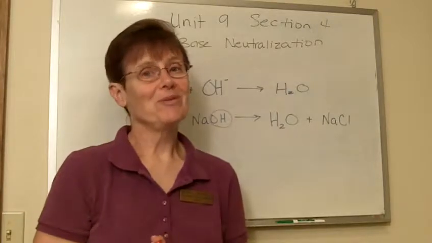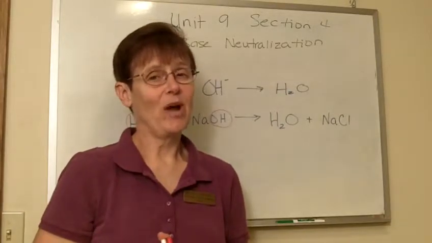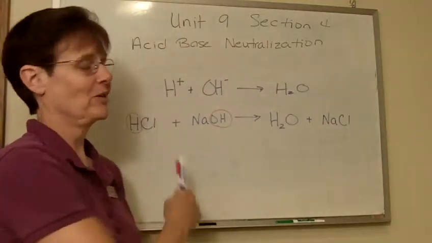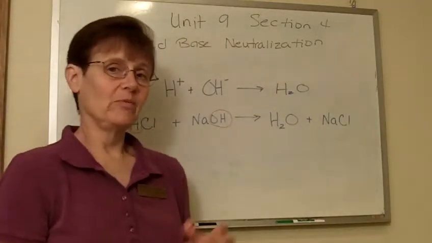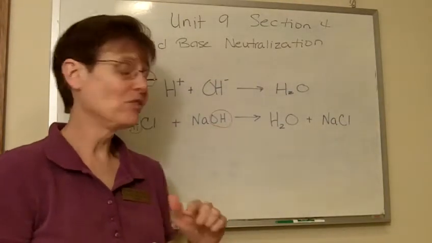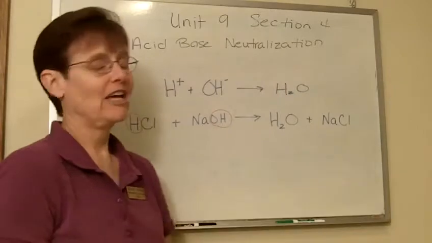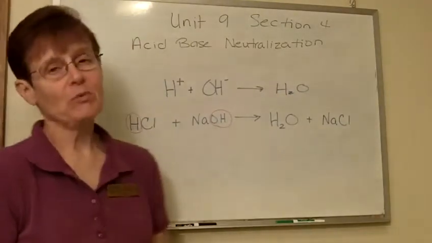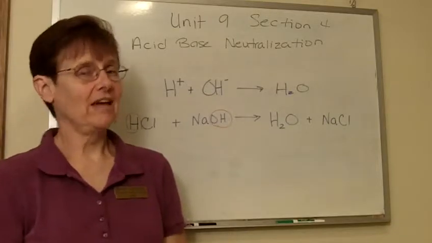And you might remember that we actually did that in a lab a while back. We added these two things together in a beaker and stirred them up, and then we left them on a gently warming hot plate for a number of hours, and the next day you came in and you had your beaker full of salt, and we weighed it. So you've actually seen that reaction. But every time you write a neutralization, you're going to do it the exact same way.